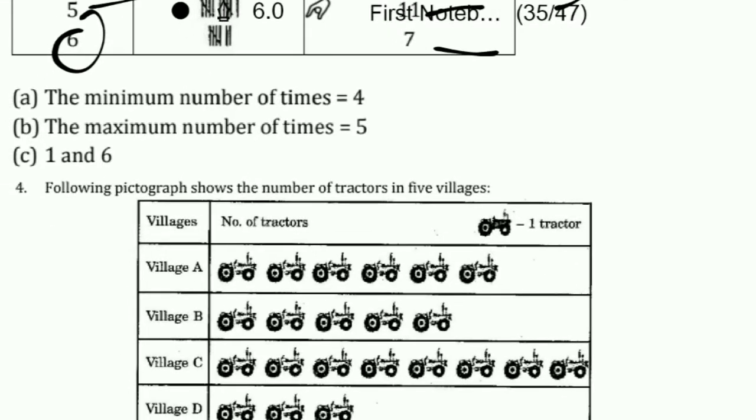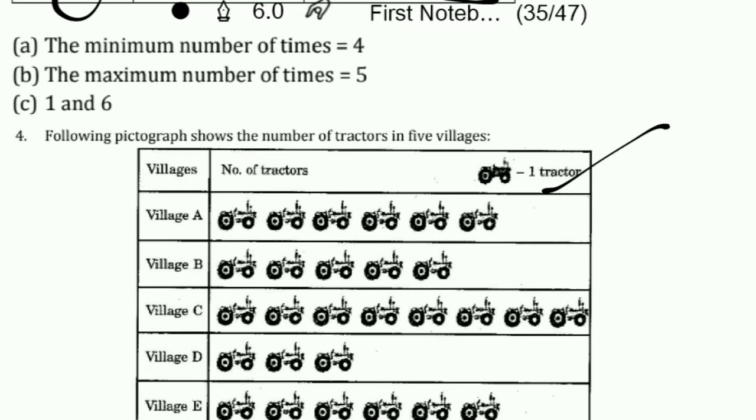Now question number 4. The following pictograph shows the number of tractors in 5 villages, and in this one the symbol represents one tractor only. Now we will see village A. In village A, how many tractors are there? 1, 2, 3, 4, 5, 6.